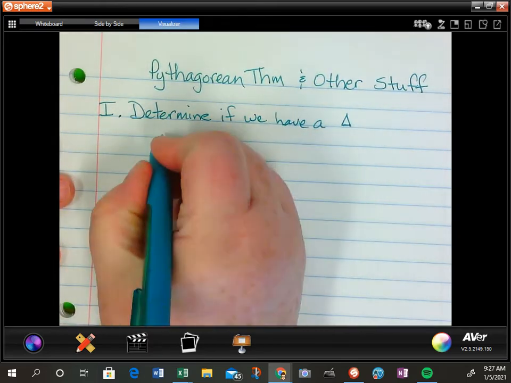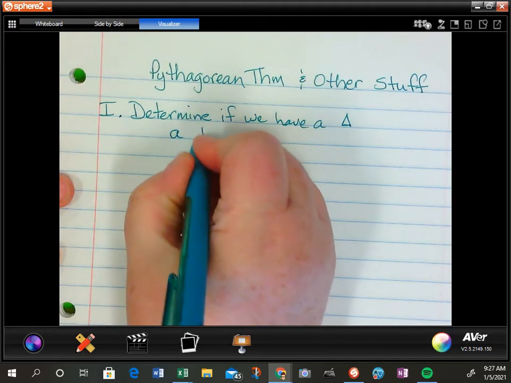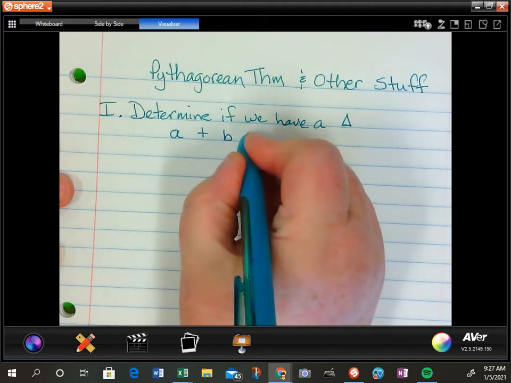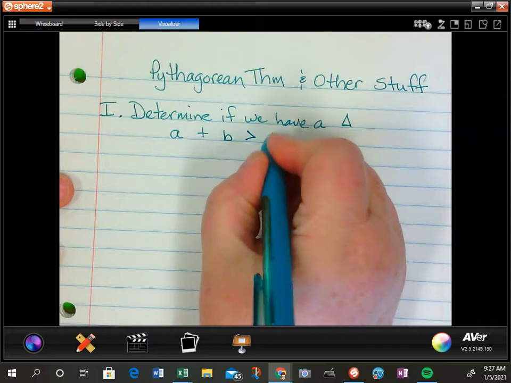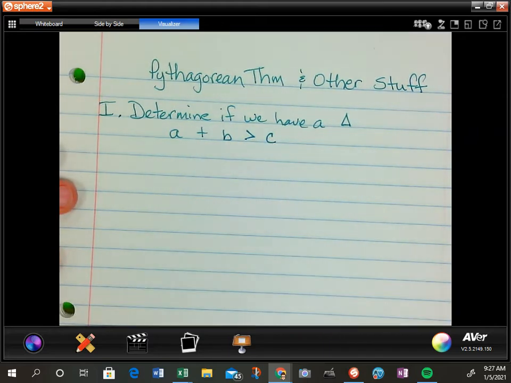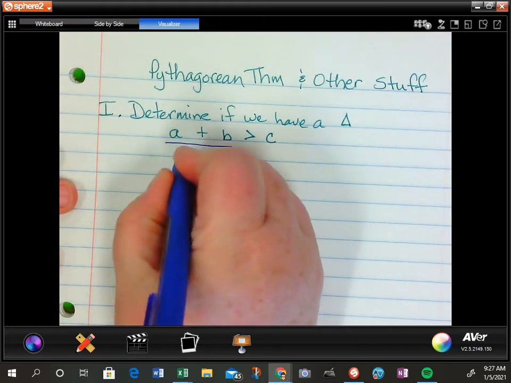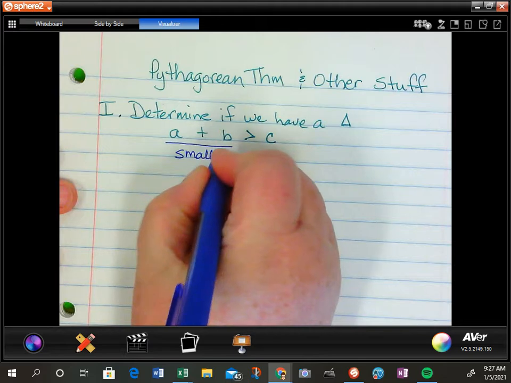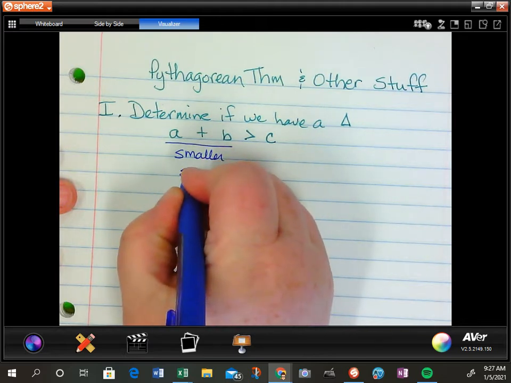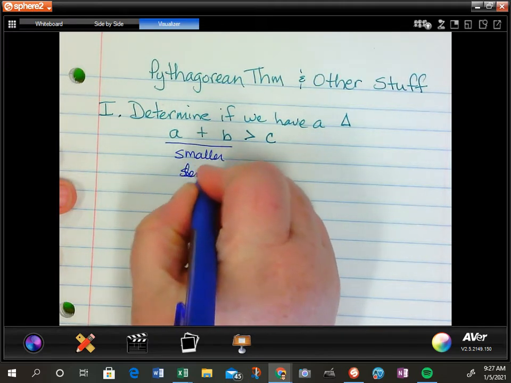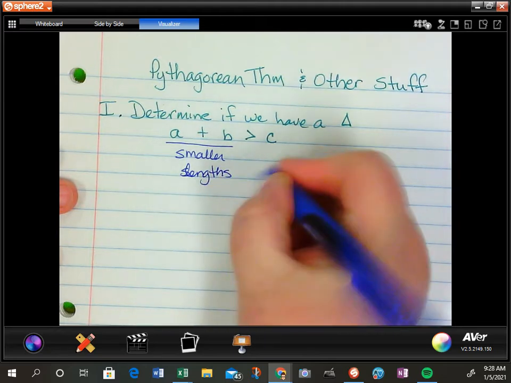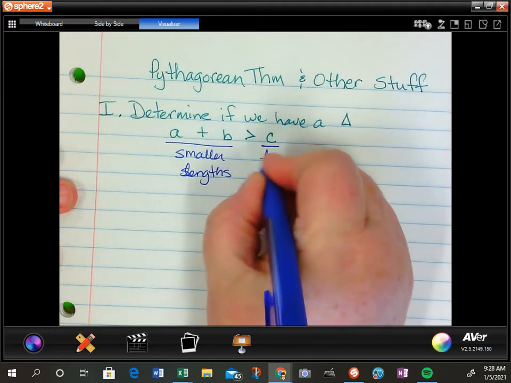And then we're going to use A plus B is greater than C. A and B are the smaller sides or lengths, and C is the largest length.